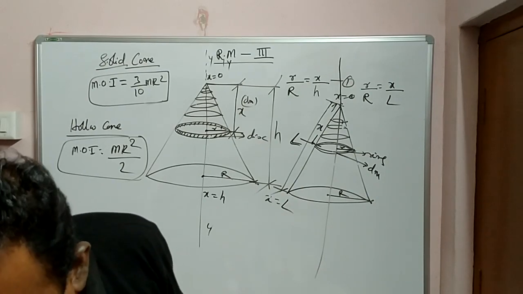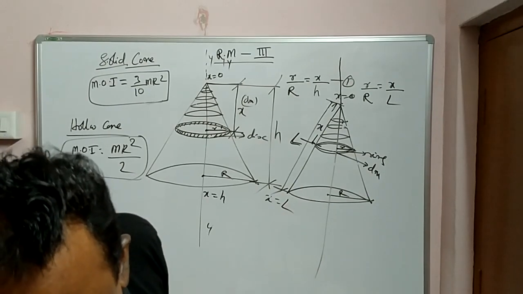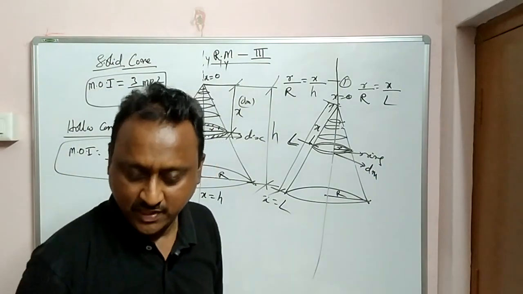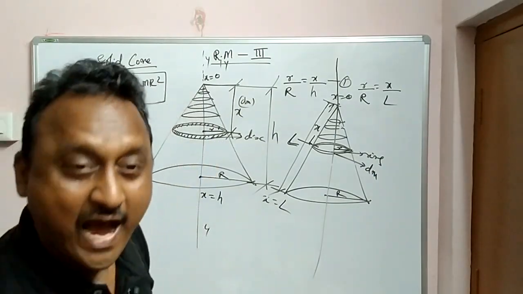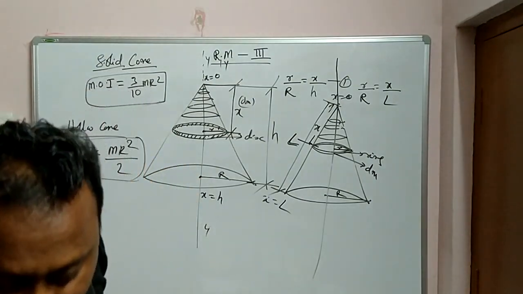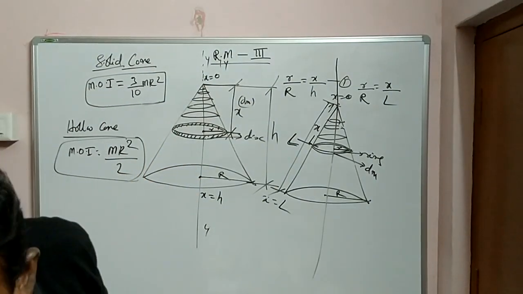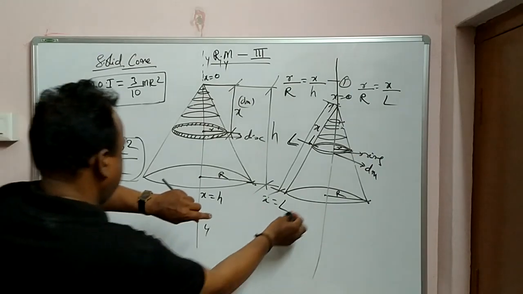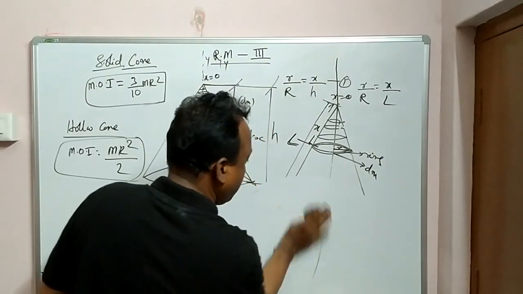Okay? Now we will go to the last topic in this one to end up this chapter, that is rotatory motion, that is angular momentum and torque. Let us discuss the last points to end up this chapter.